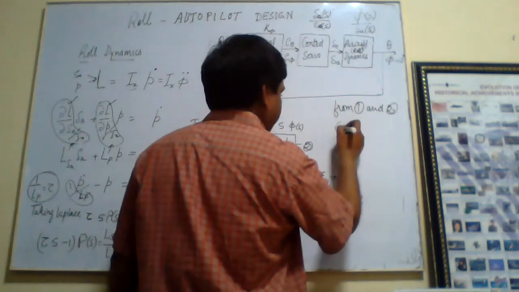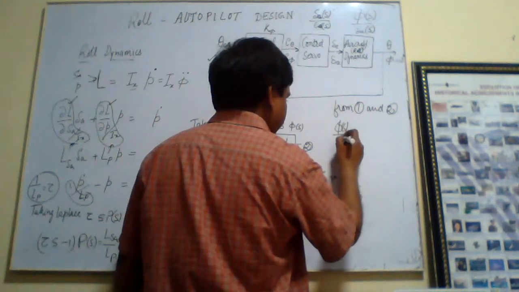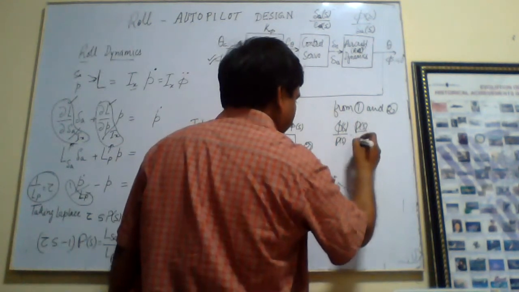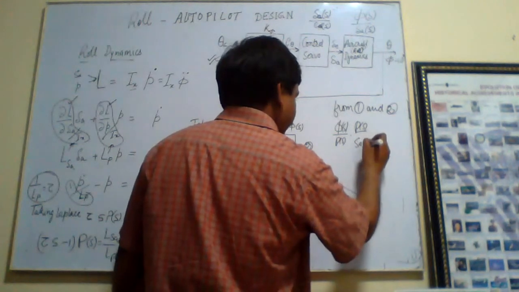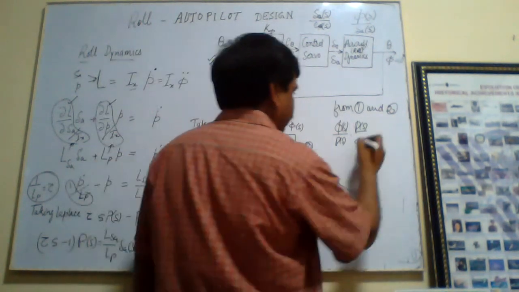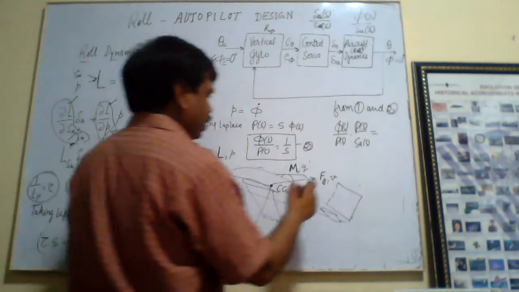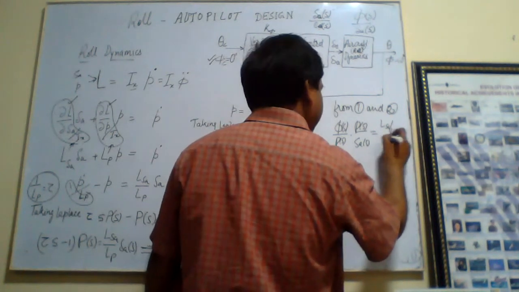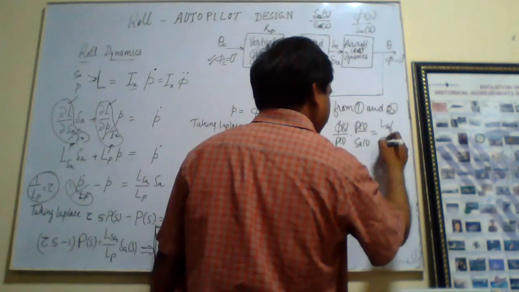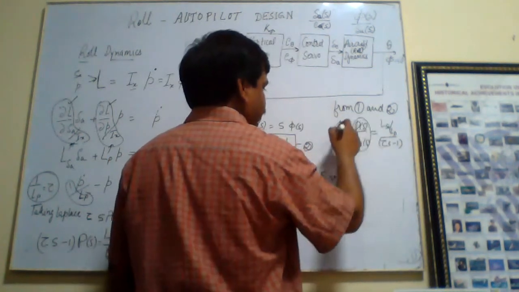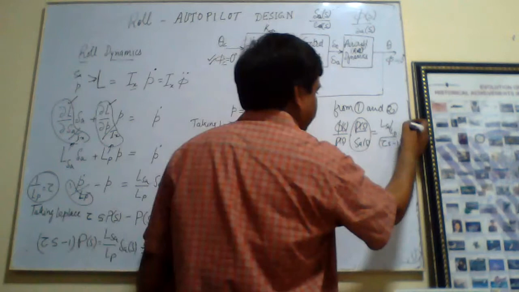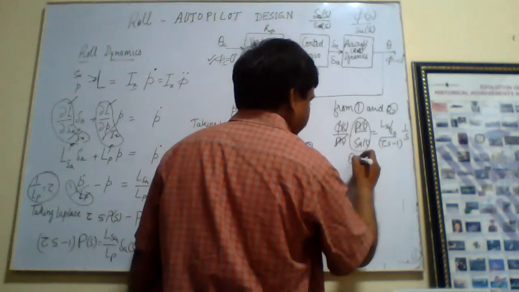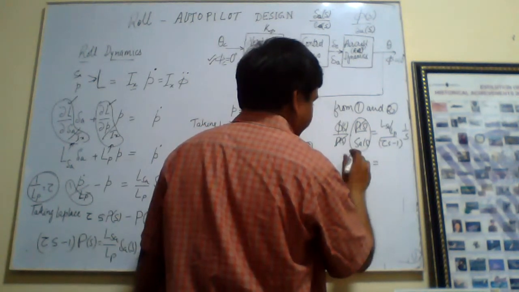I get phi of s over P of s multiplied by P of s over del A of s equal to L del A over L P divided by tau s minus 1, multiplied by 1 over s. On this side, the P of s terms cancel, and I get phi of s.